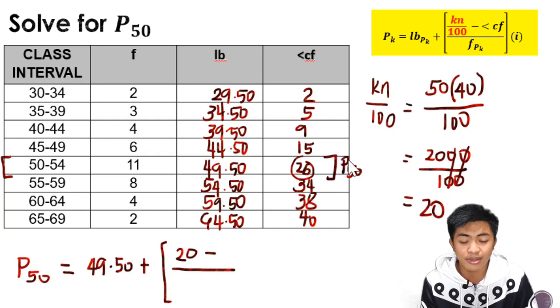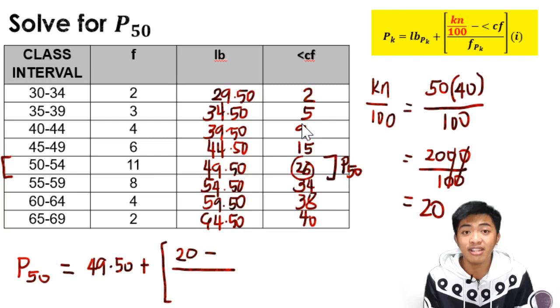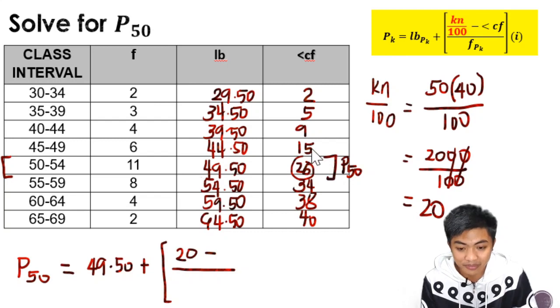Okay, so kagaya din lang sa pagkuha natin ng median, di ba? Hindi yung cumulative frequency ng median class ang isa-substitute natin, kundi yung cumulative frequency ng lower class just next to the median class. So dito, we're going to substitute 15. Okay?